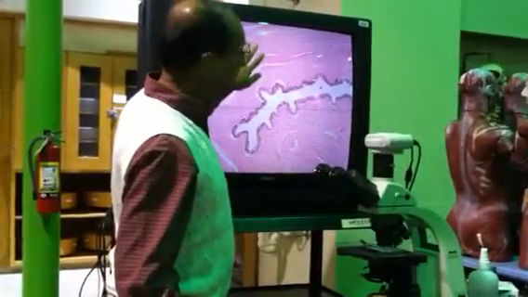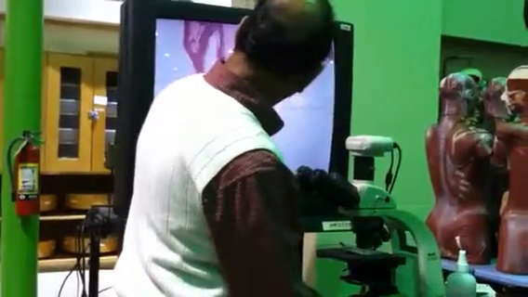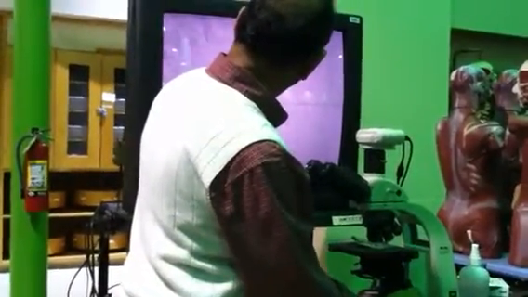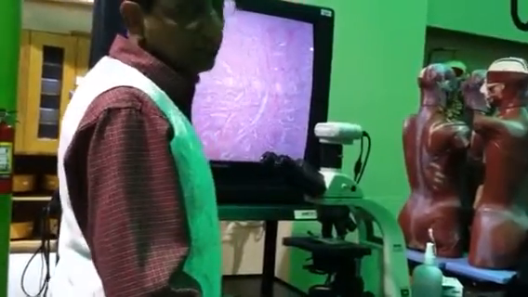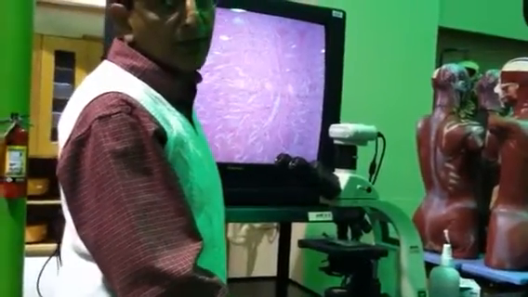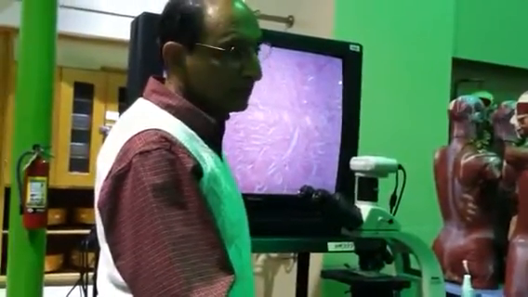Corpus spongiosum. And the rest of this stuff, see this big one here? That is corpus cavernosum. Any questions here?